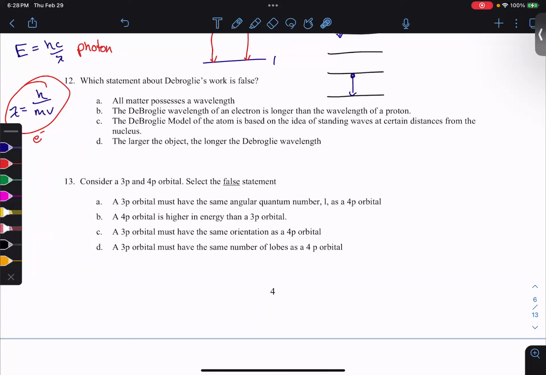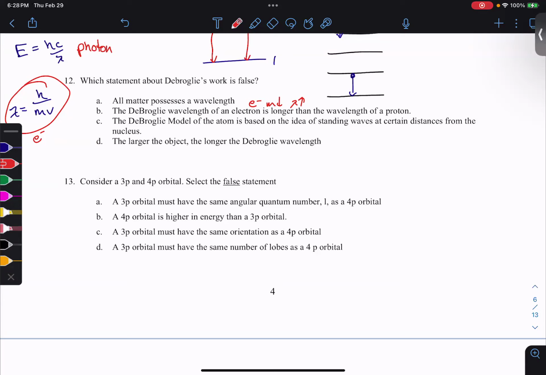The de Broglie wavelength of an electron is longer than that of a proton. So how do the de Broglie wavelengths differ here? It's going to be the masses. An electron has a mass that's a lot smaller. So how will its de Broglie wavelength be different than a proton? It's going to be longer. Yeah, because an electron is really small, and a proton is really massive.